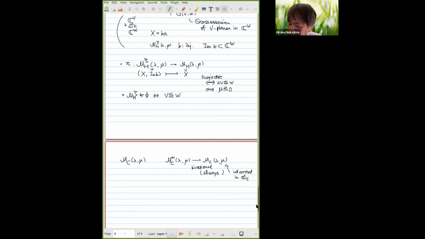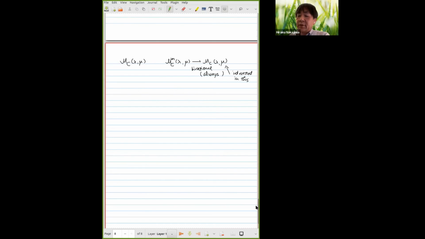In tomorrow's lecture, I will describe this M_C of lambda because of this reason. And one easy way to understand M_C of lambda, mu is to use Bow varieties, which I will explain tomorrow in more detail. This is my work with Takayama.